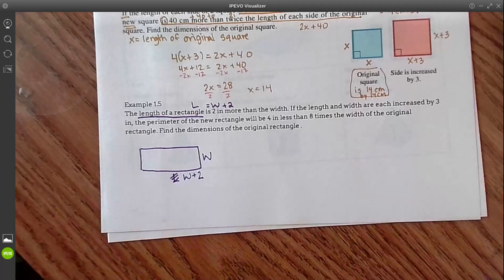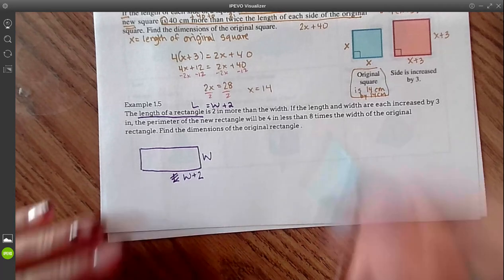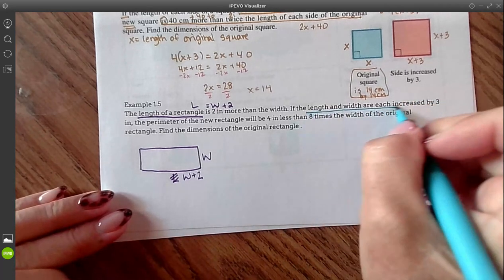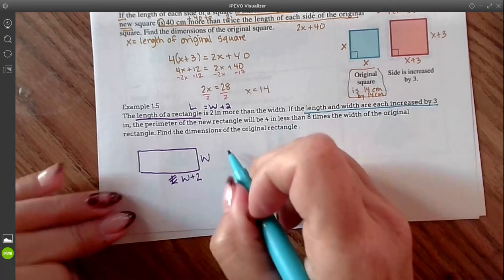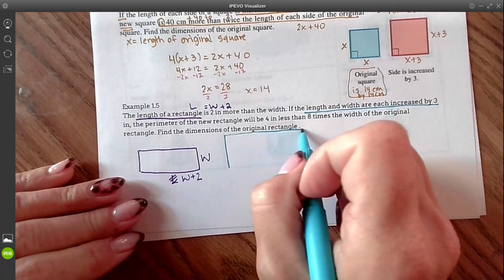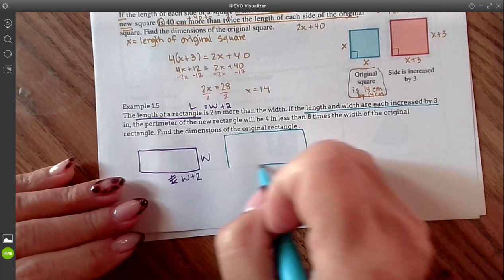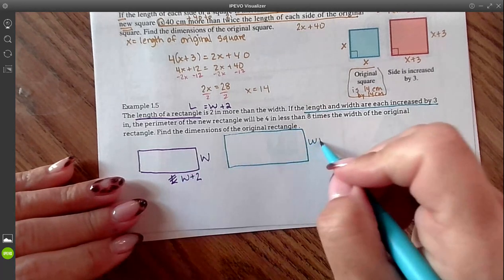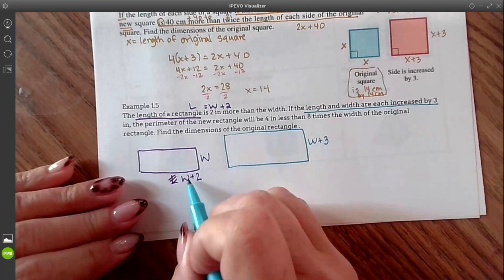Now, if the length and the width are each increased by 3 inches, length and width are each increased by 3. So now I have a bigger rectangle where I've increased the width by 3 and the length by 3.